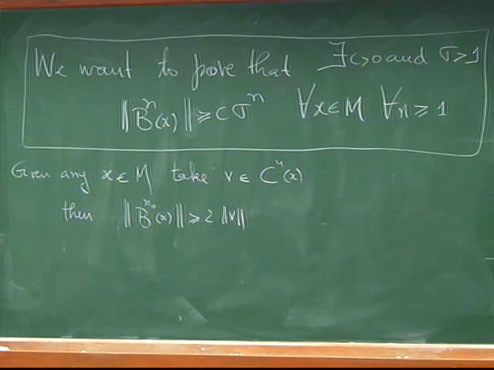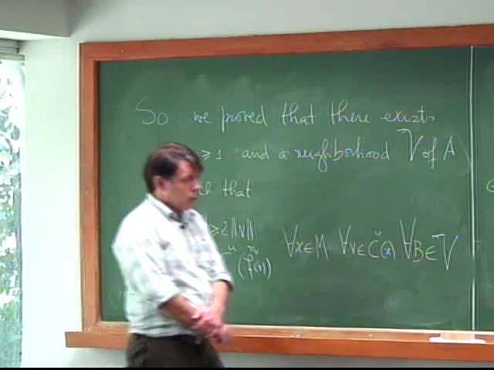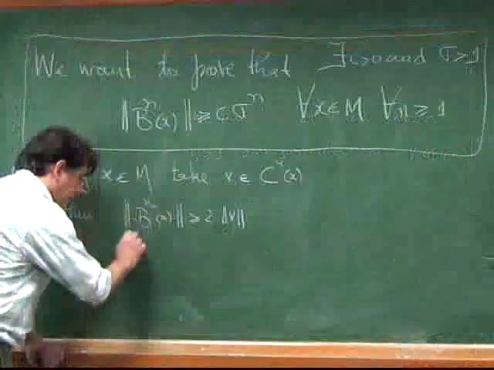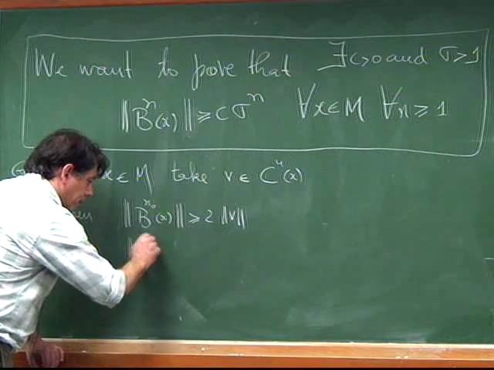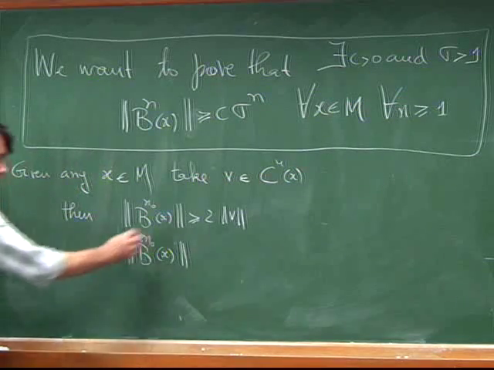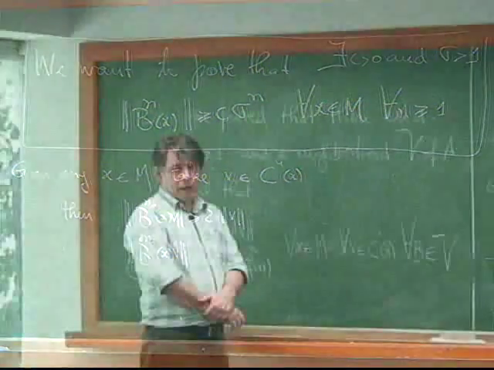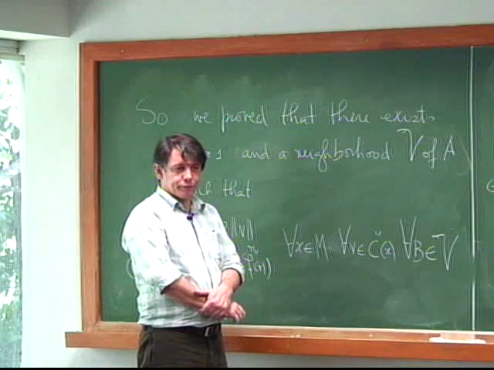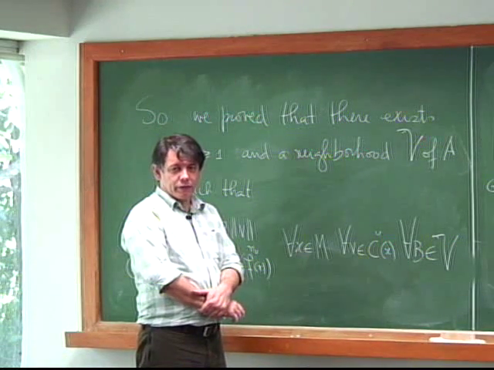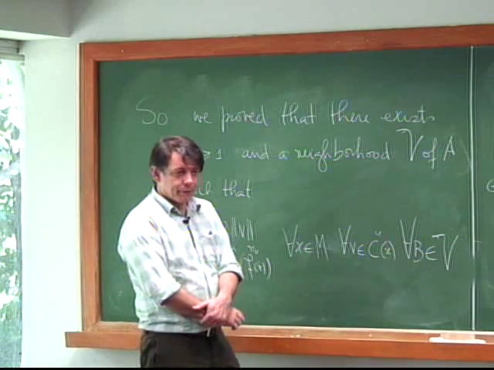Okay? That's good. I have to prove something for every n. I already have one value of n. Now, what can you say about B^2n0 of v? This is the moment where you understand the proof. Unfortunately, the secret is hidden up to this point. This is the moment where you understand why you had to work so hard.